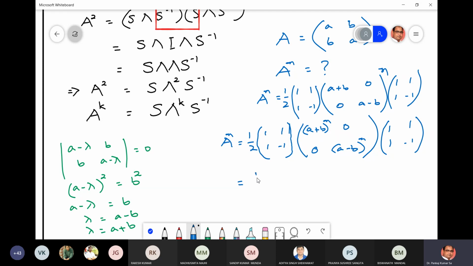If I multiply that further, that becomes a plus b to the power n, 0, and again a plus b to the power n, and this one a minus b to the power n, and this one is minus a minus b to the power n.